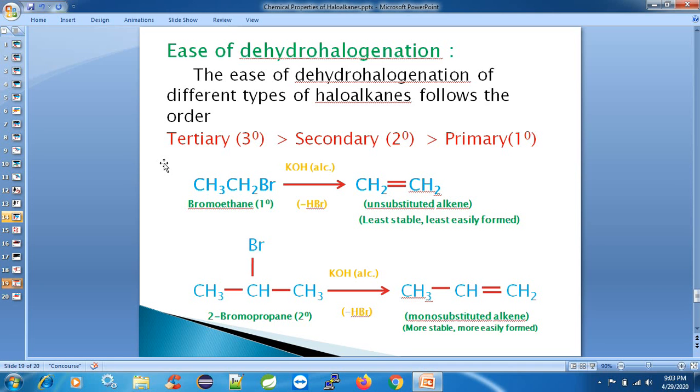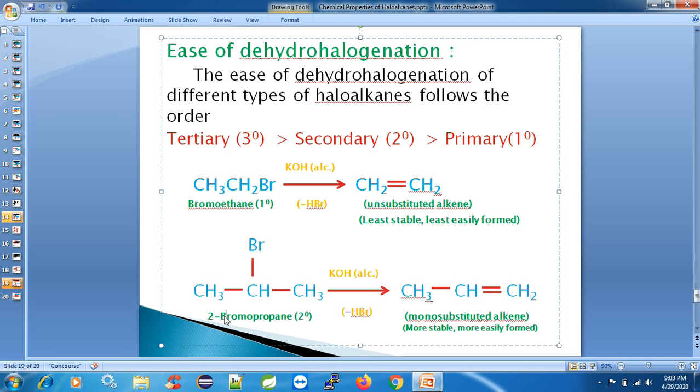Okay, next come to 2-bromopropane. When it is reacting with alcoholic potassium hydroxide, propene is produced.